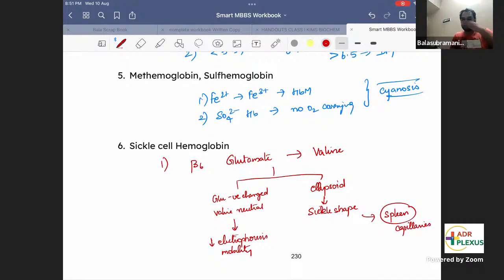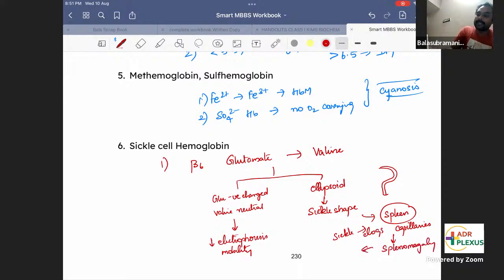So there's no problem if they are discoid shape. But when they become sickle shape, you must have seen a sickle. It is like this, right? The communist flags of Soviet Russia, China, all those have sickles. So this sickle clogs the splenic capillaries, leading to splenomegaly.